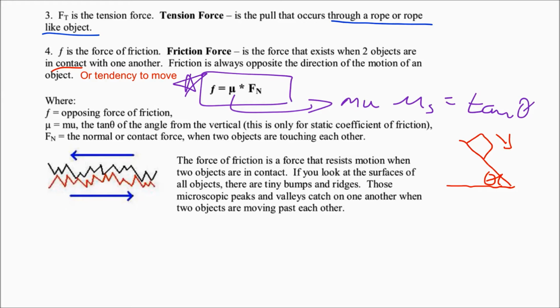At the exact moment that the box slides down the ramp, we take a look and see what this angle is down here. And if we do that correctly, we can plug it into this formula, take the tangent of that angle, and that will tell us the static coefficient of friction between the box and the surface of the ramp. Okay, we can calculate the mu s.